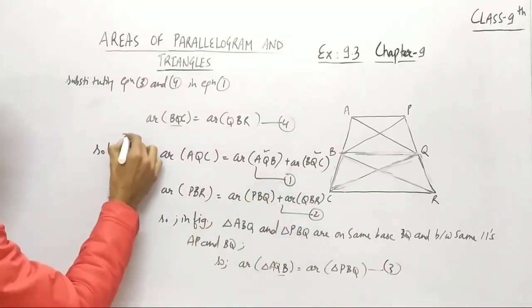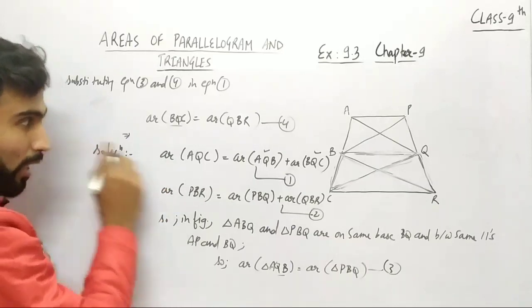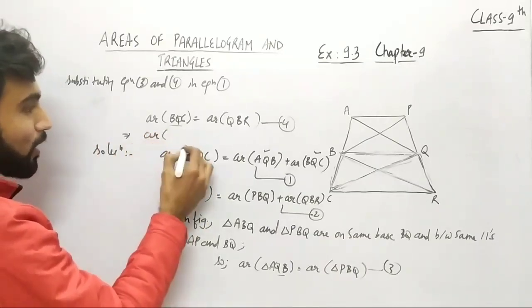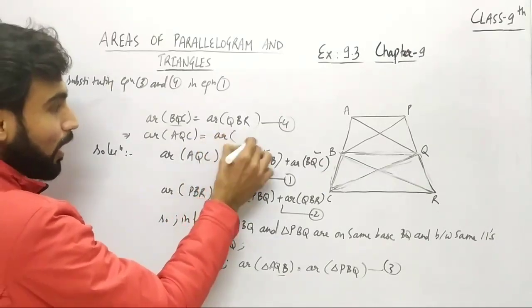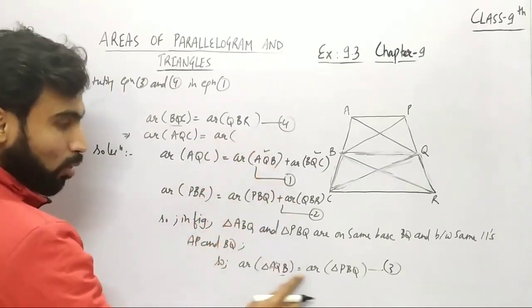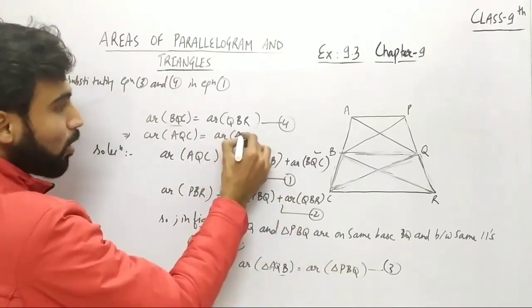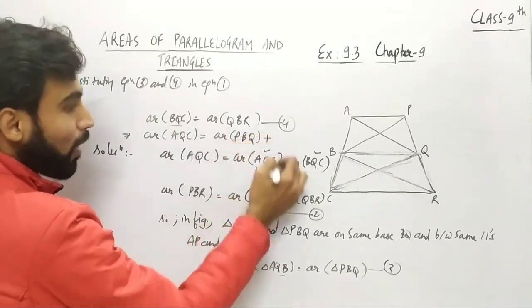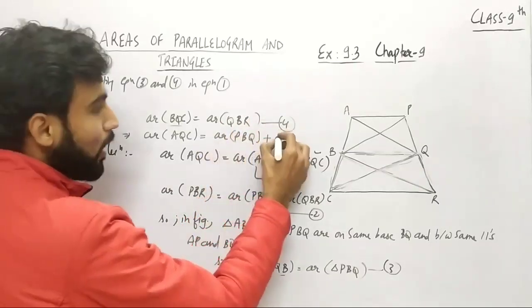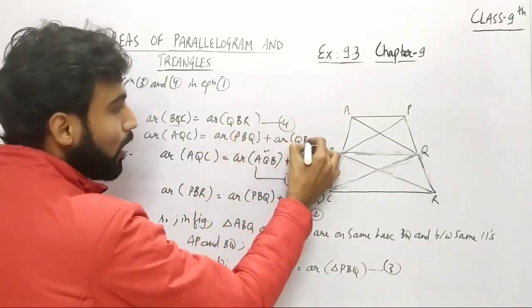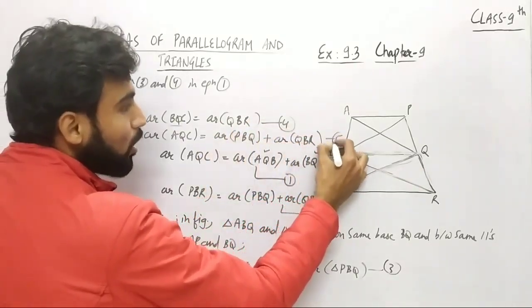Let me just write down in the lower side. So you can see equation number first, that is area AQC is equal to area of AQB, in place of which I will write PBQ, right? So that will be PBQ plus, in place of BQC I will write QBR, right? So area QBR. Now let me just give it equation number 5.